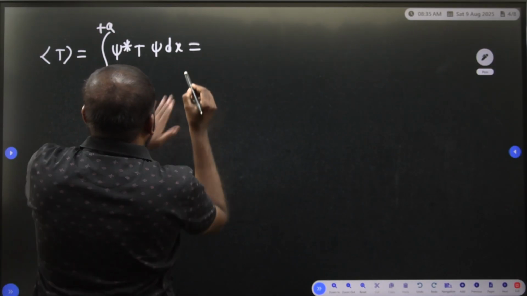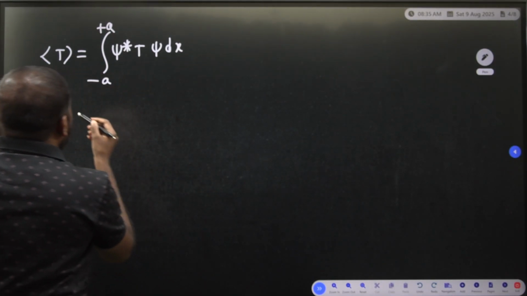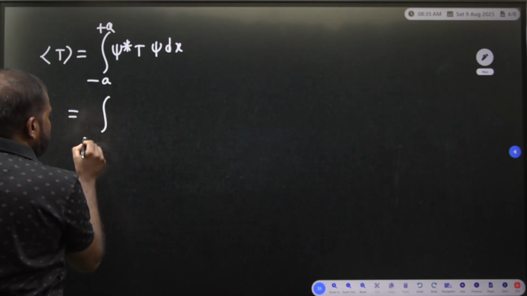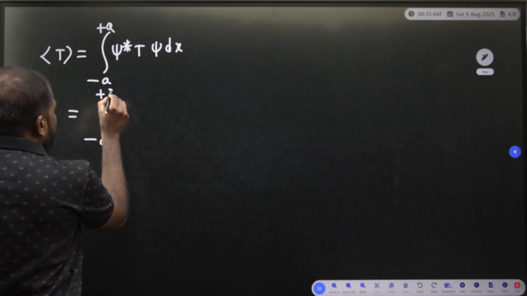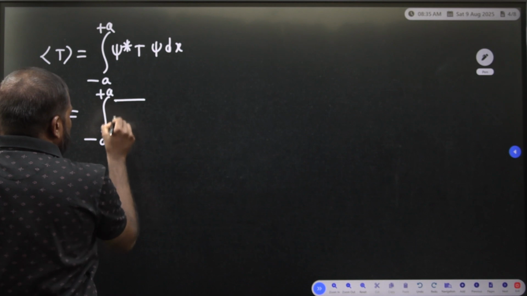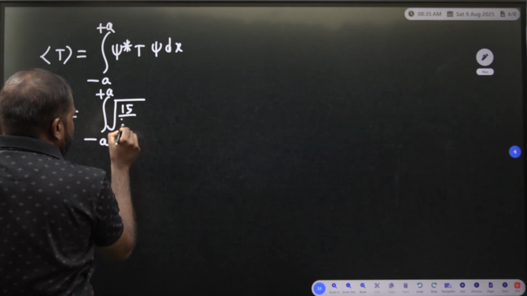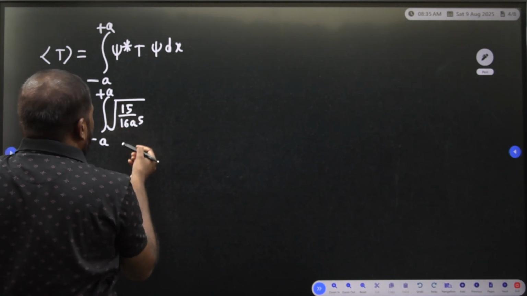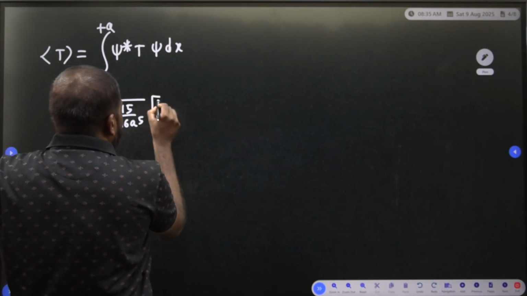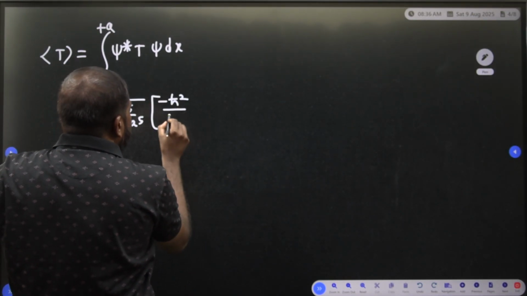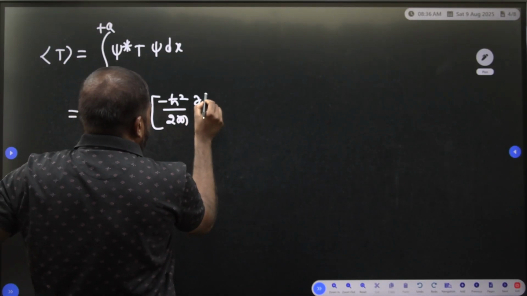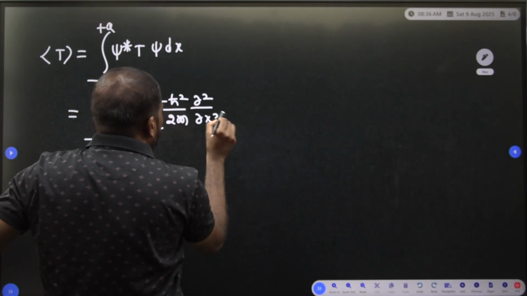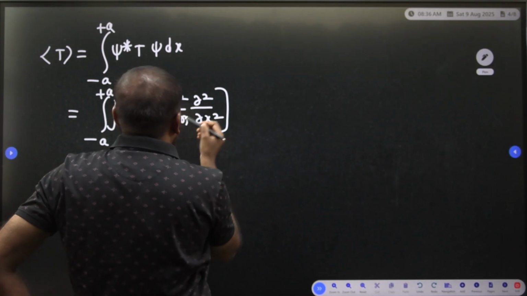This is the expectation value. Your psi conjugate is equal to root 15 divided by 16 a to the power of 5. Your kinetic energy operator is equal to minus h cut square by 2m into dou square by dou x square.